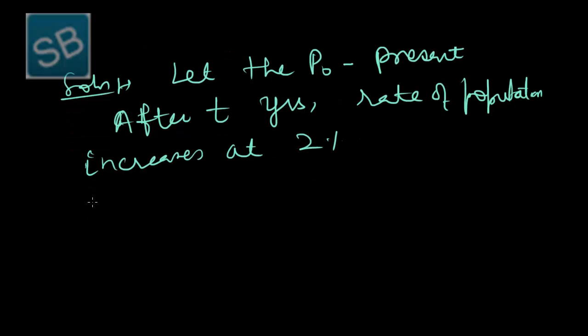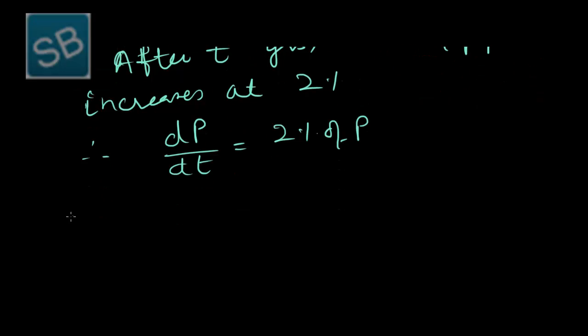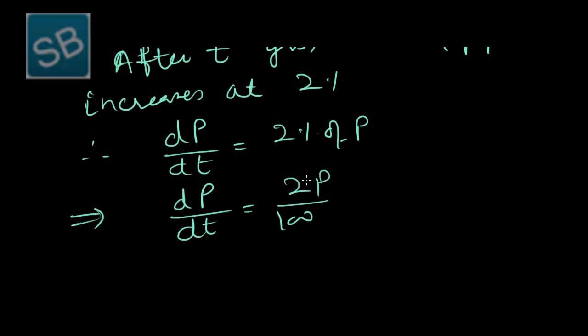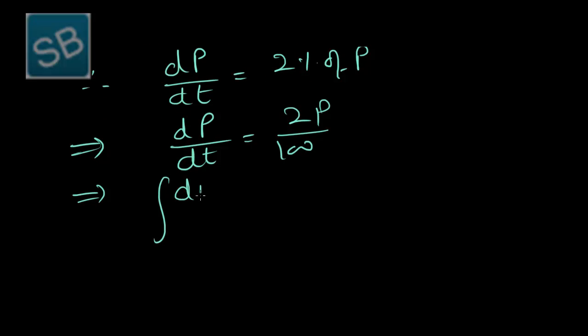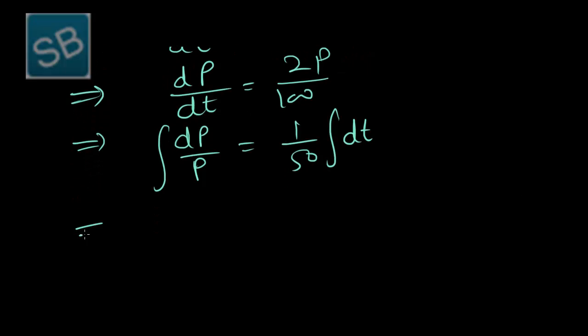Therefore, dP over dt is equal to 2% of P. That is, dP over dt is equal to 2 over 100 P. That is, integration of dP over P is equal to 1 by 50 integration dt, by variable separable method.